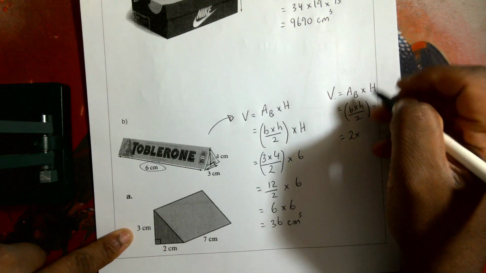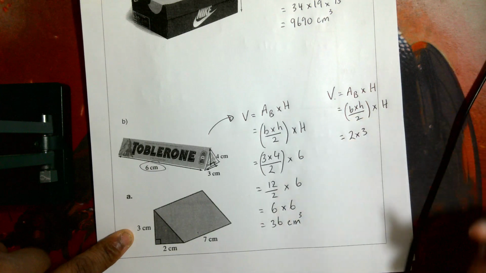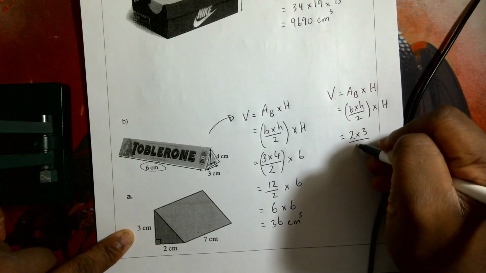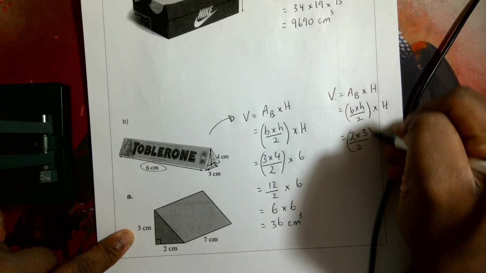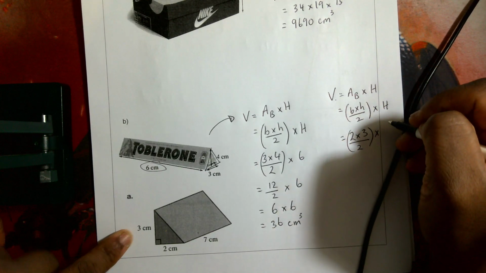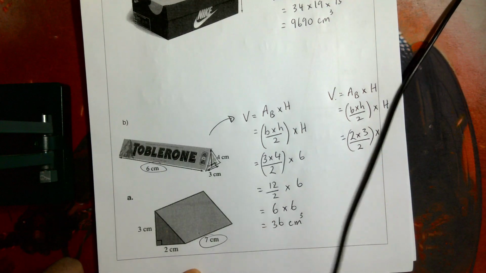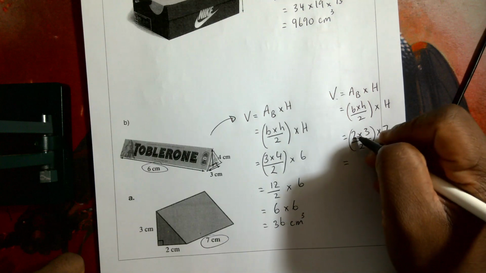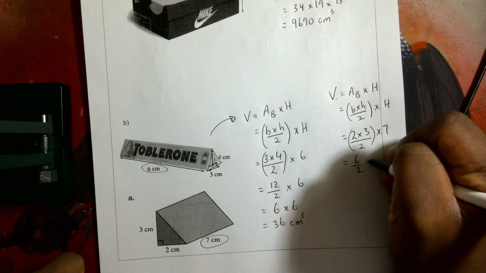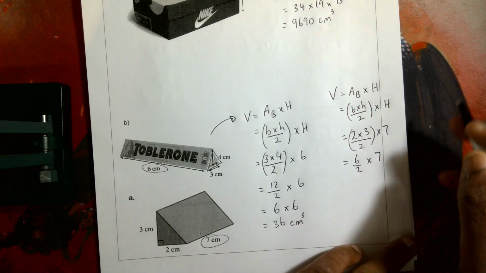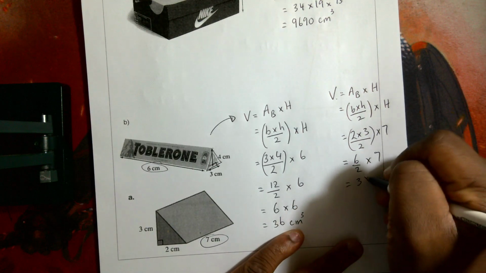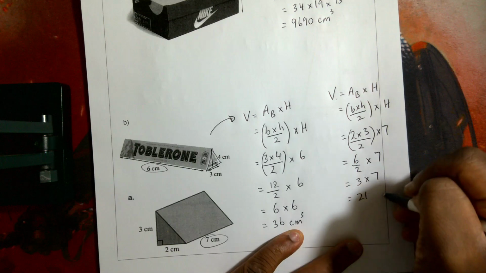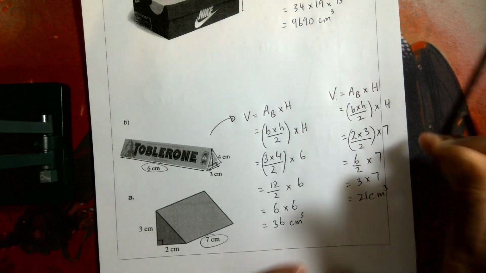The height of our triangle is 3. Going to multiply them together, divide by 2, and then multiply by the height of the shape, which is 7. That's 6 divided by 2. Going to multiply that by 7, which is 3 times 7, which is 21 centimeters cubed.